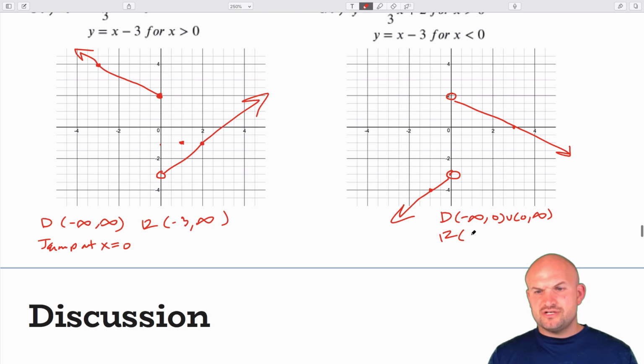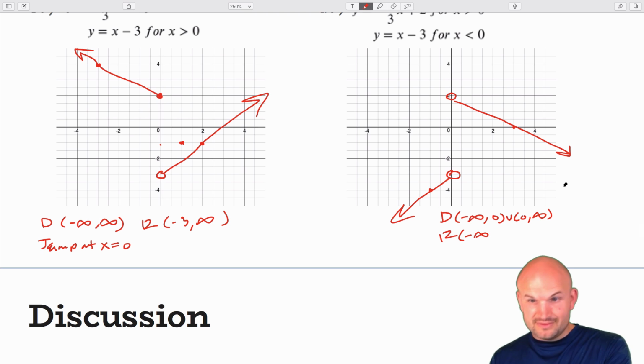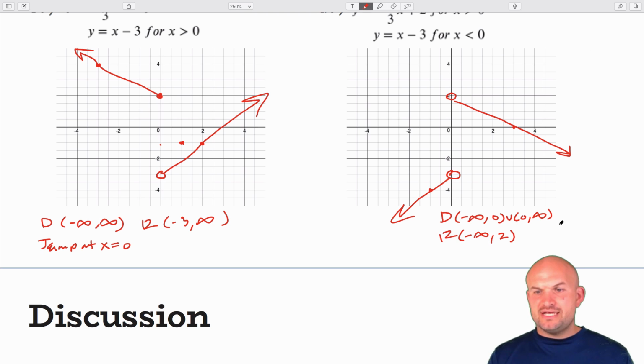My range is going to be negative infinity. Since this goes down, that's actually pretty interesting. That's kind of important. Since this is going down here, this is going to define all values. So my range is going to be from negative infinity all the way up to my highest value here, which is 2. And we can see that there is a jump at x is equal to 0.